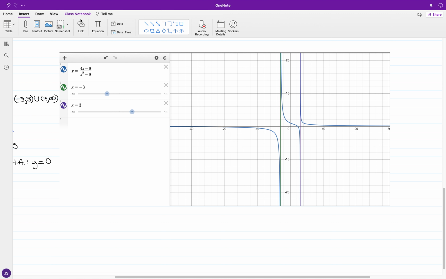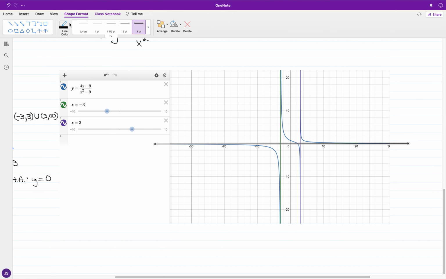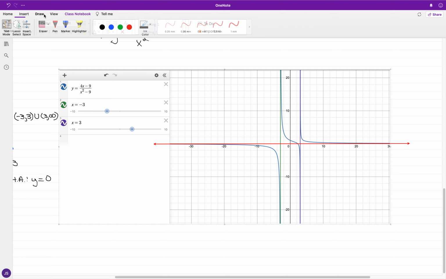Now for the horizontal asymptote, which we're going to have at y is equal to 0. So once again, throwing in the horizontal asymptote, y is equal to 0. Again, vertical asymptotes are off limits.